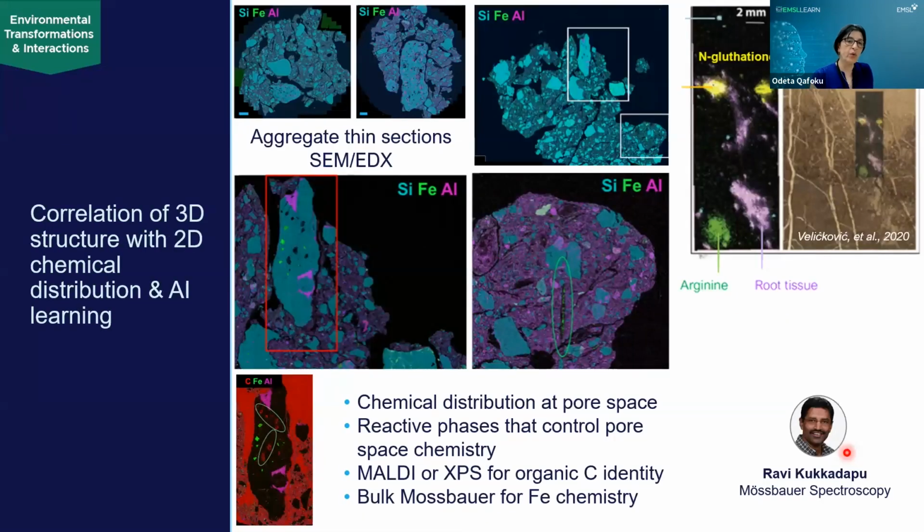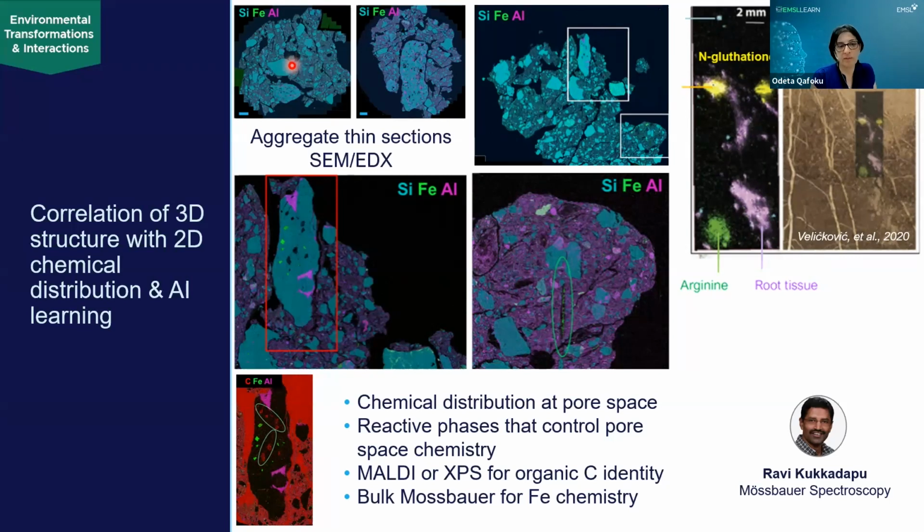And what we get now is this chemical distribution on all these thin sections, and this is our first step into coupling 3D soil physical characterization with 2D chemical distribution.